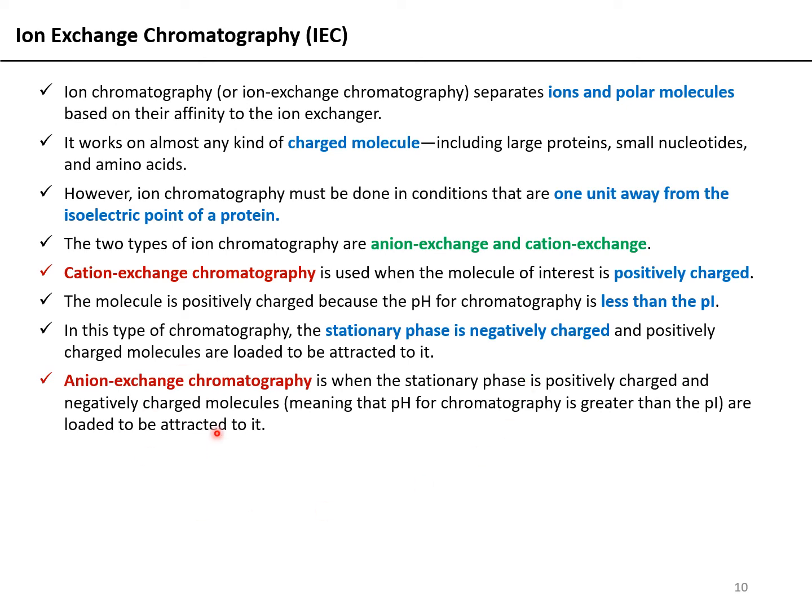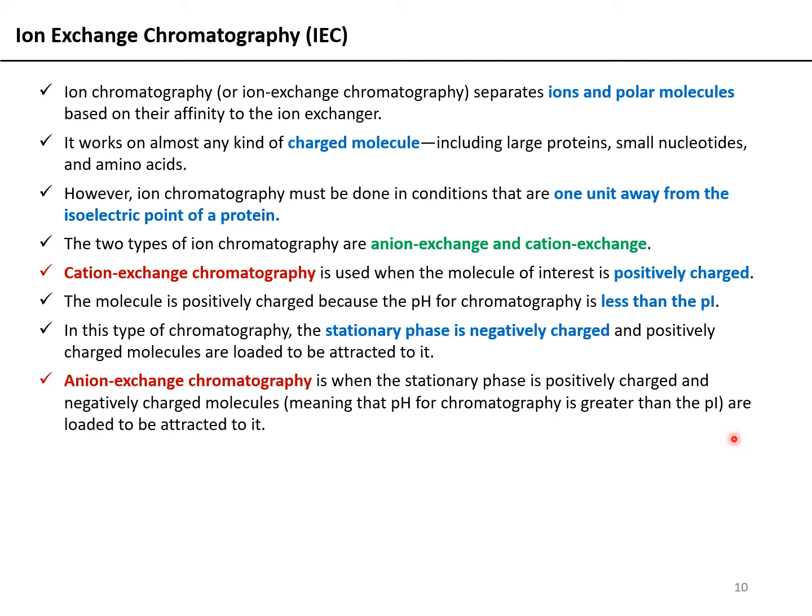Anion exchange chromatography is just the opposite. So anion exchange chromatography is when the stationary phase is positively charged and negatively charged molecules are loaded to be attracted to it. And in order to ensure that the molecules have a net negative charge, the pH for the chromatography has to be greater than the Pi, because at a pH greater than Pi, there will be lesser free protons available in the solution.